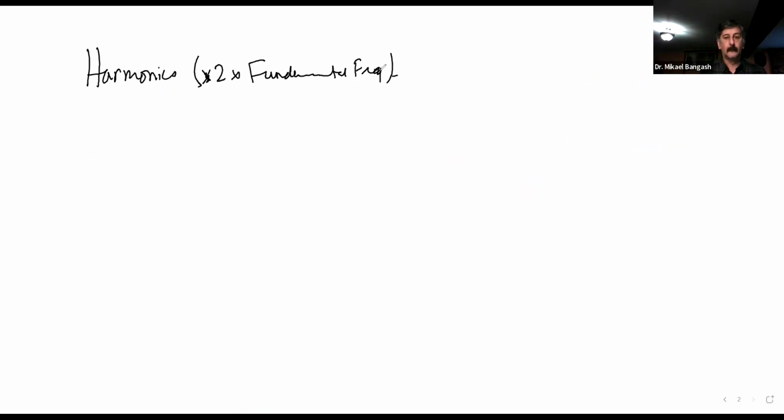Whereas in fundamental imaging, if the transducer produces, let's say, 2 megahertz during transmission, the frequency of sound at reception is also going to be 2 megahertz.